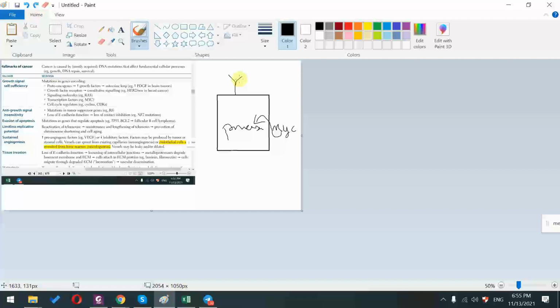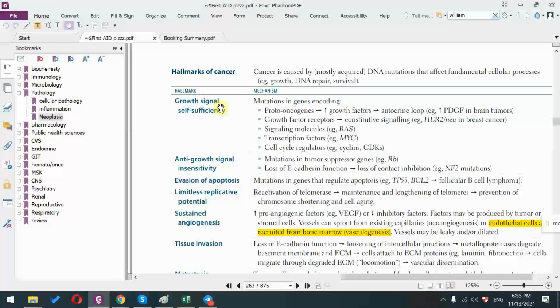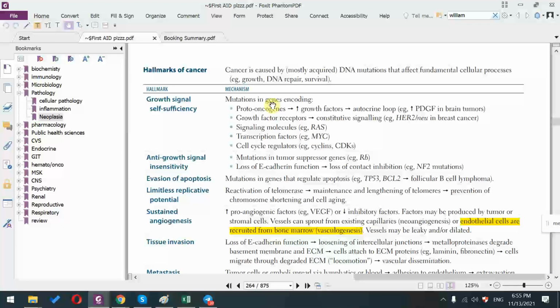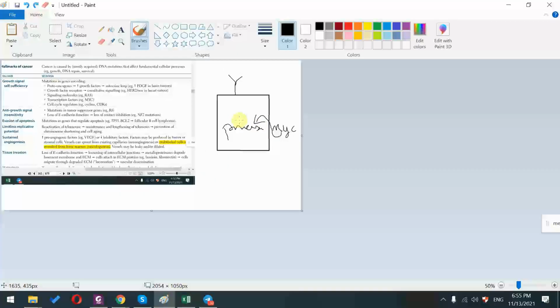So as you can see, this growth signal self-sufficiency pathway is super important. So mutation in the gene encoding for the proto-oncogene can increase your growth factors. If you have more growth factors, what will happen? So proto-oncogene creates for you growth factor. A growth factor comes and activates the cells.